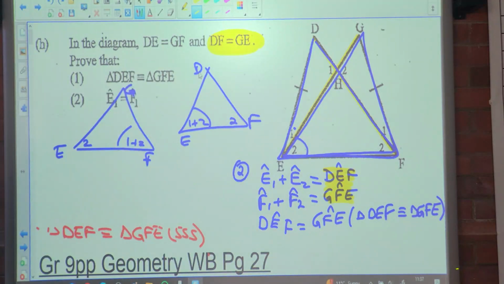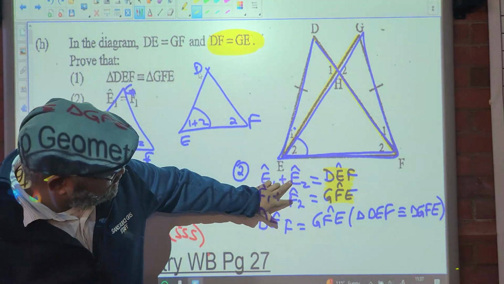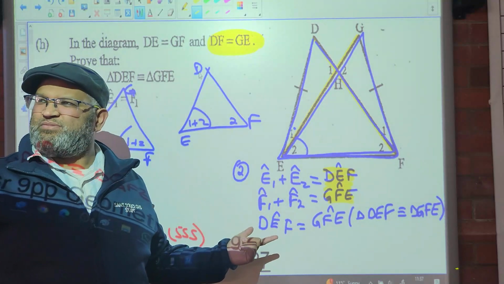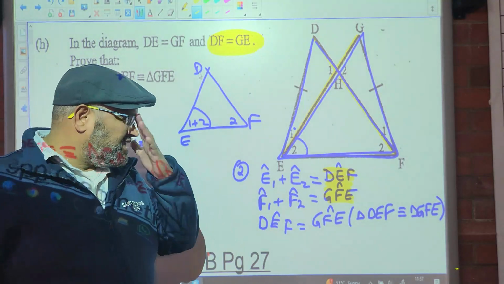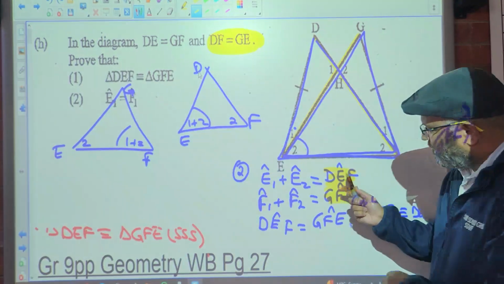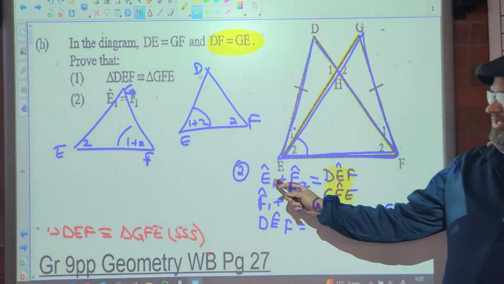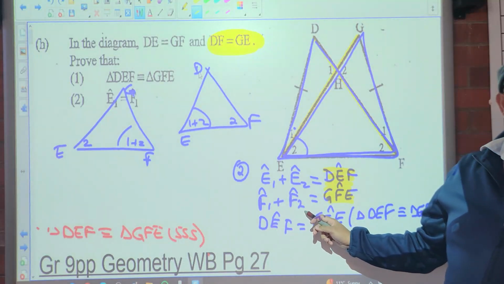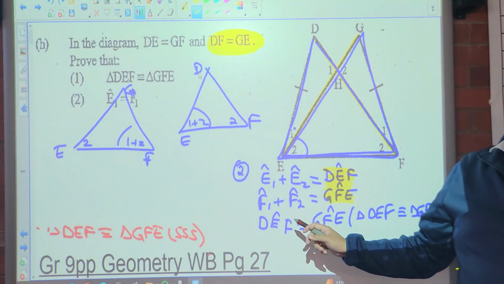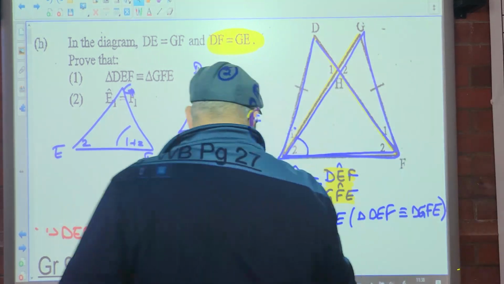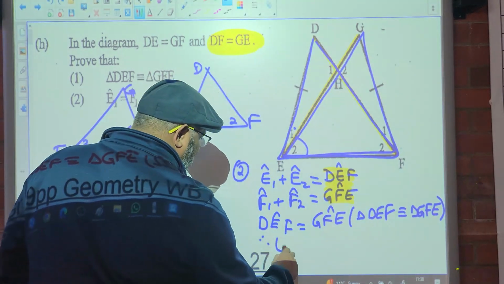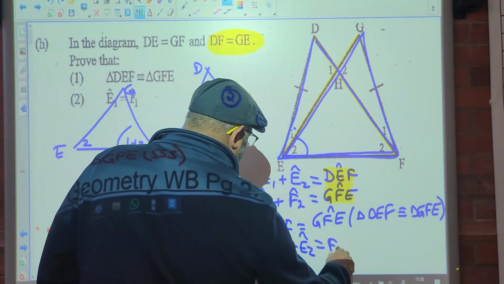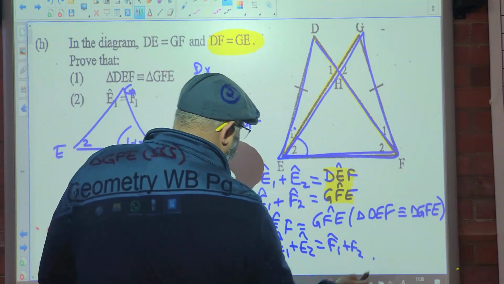That is equal. So if I can link these two, then the job is done. Can you see that, people? Because as we stand now, because this is equal, we know that E1 plus E2 is equal to F1 plus F2. You guys understand that? Okay? I'm going to write it here. Therefore, E1 plus E2 is equal to F1 plus F2.